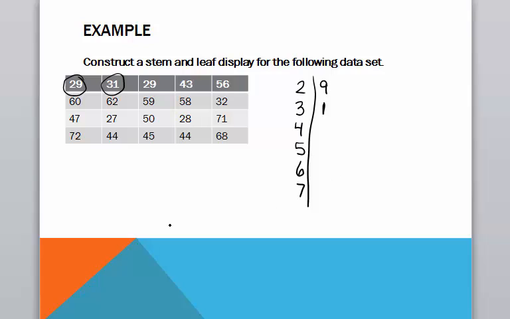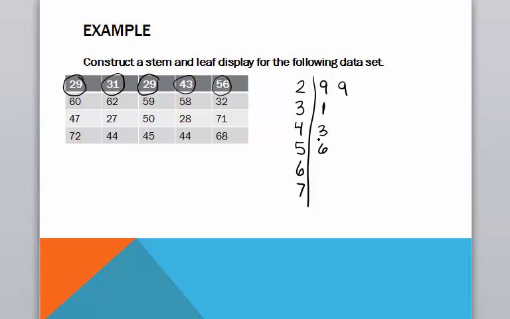Our next value is also 29. And so again, that number would have a stem of 2 and a leaf of 9. The 43, stem of 4, leaf of 3. The 56, stem of 5, leaf of 6.